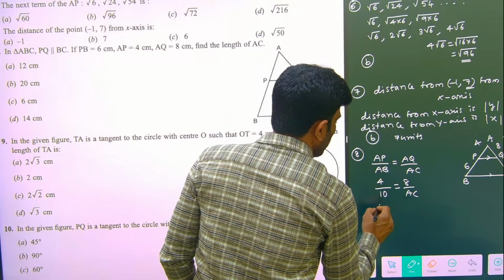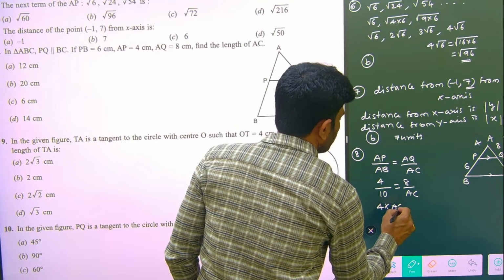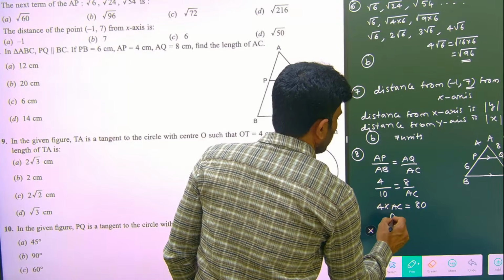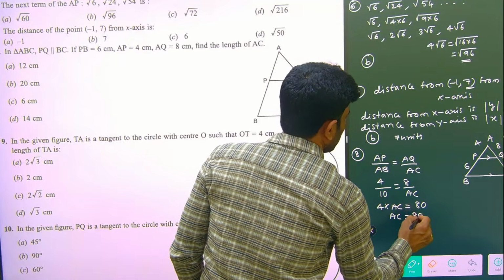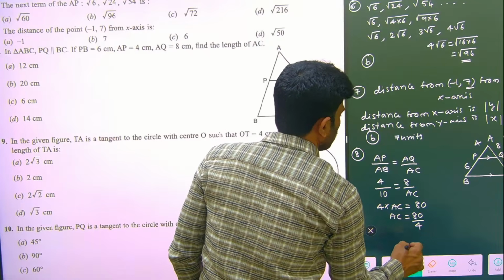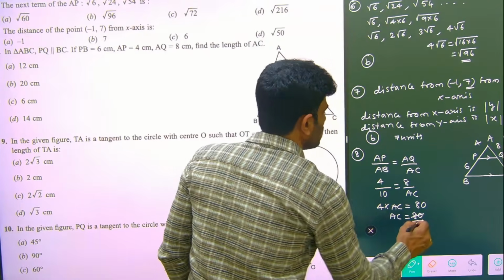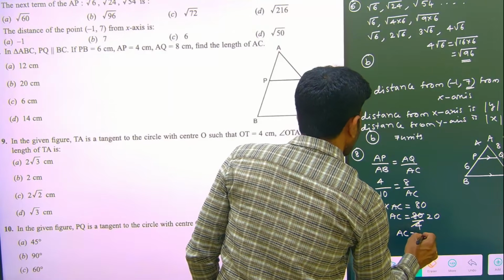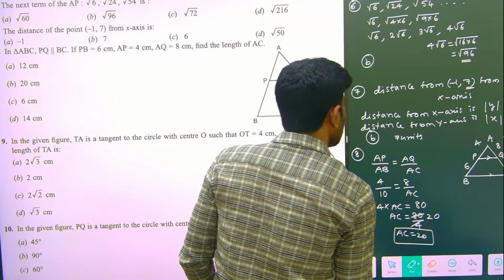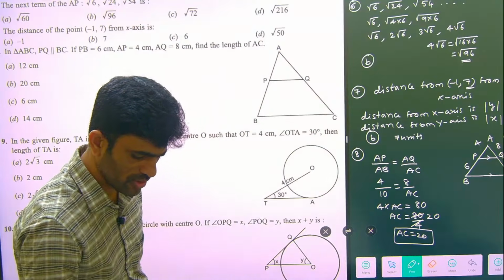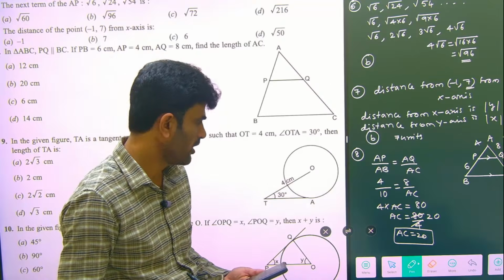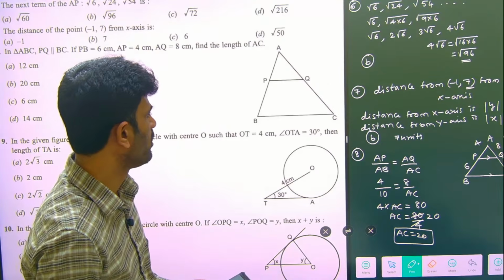Now 4 into AC is equal to 80. So AC is equal to 80 by 4, that is 20. AC is equal to 20. Now if I ask you QC, it's not 12.